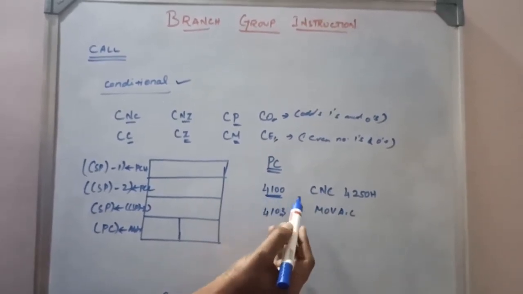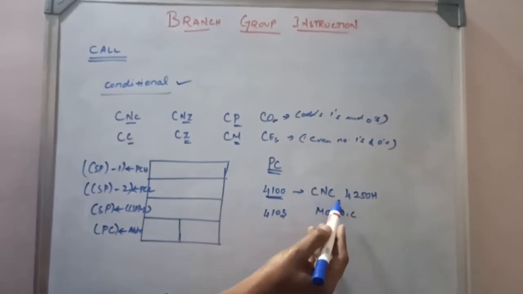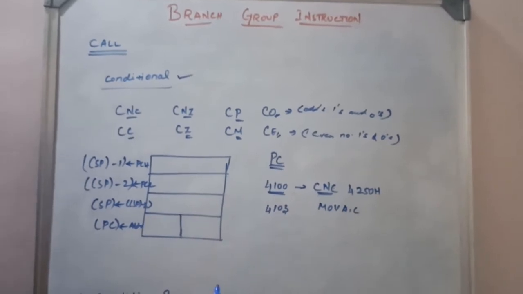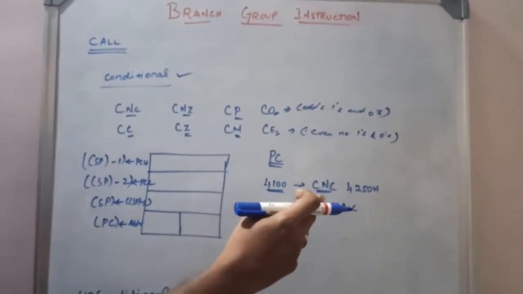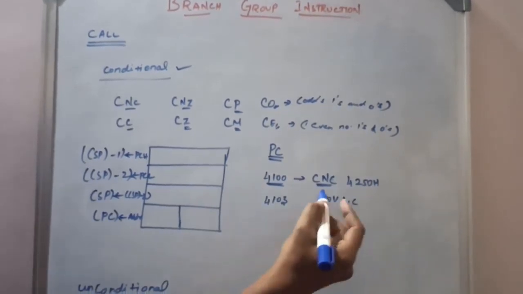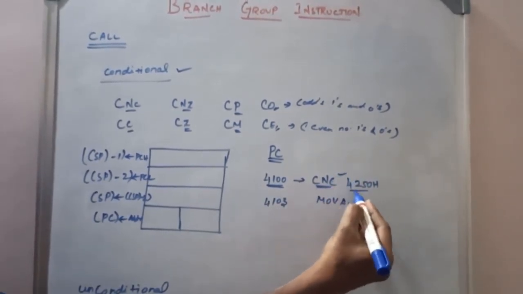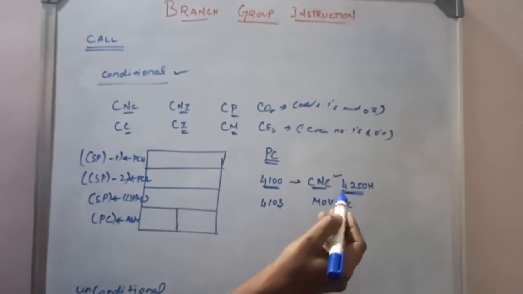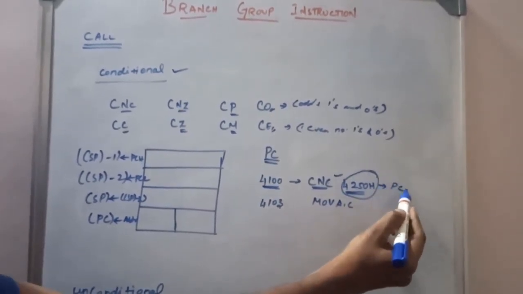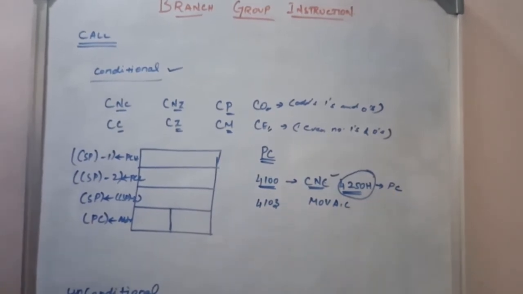It points to CNC 4250, CNC for call on no carry. If no carry, call the new memory location. The condition is true, the specified memory location is 4250, and this location is transferred to PC to execute the corresponding instruction.